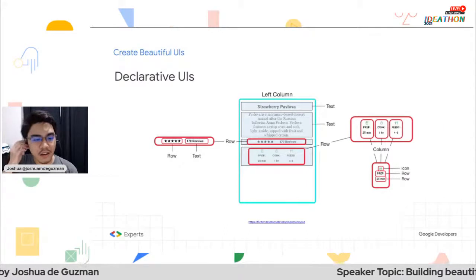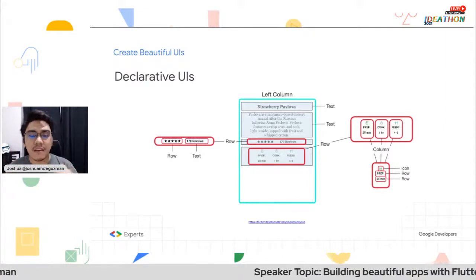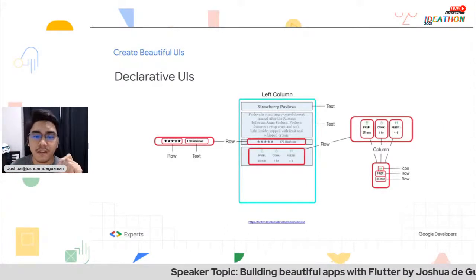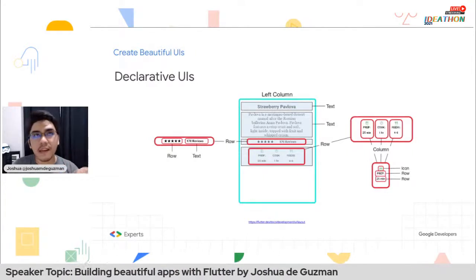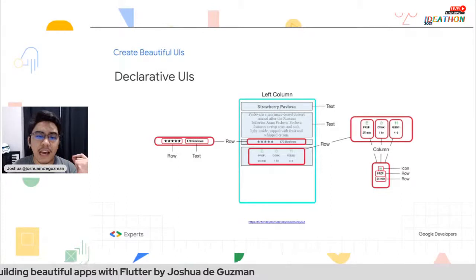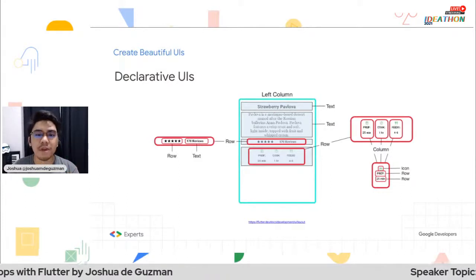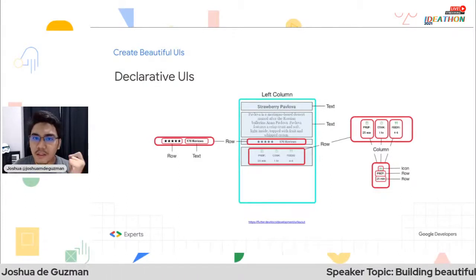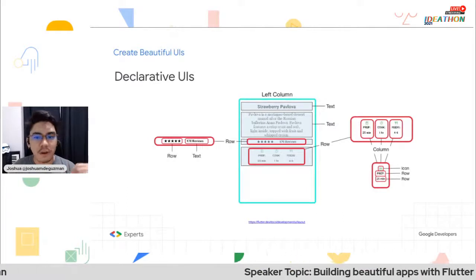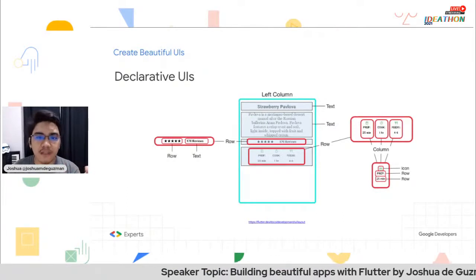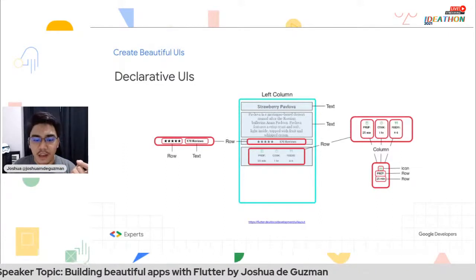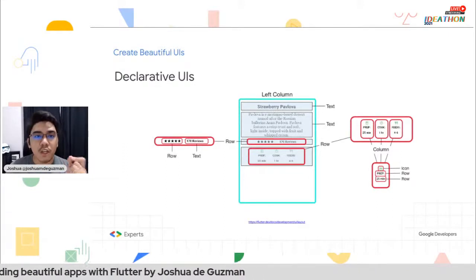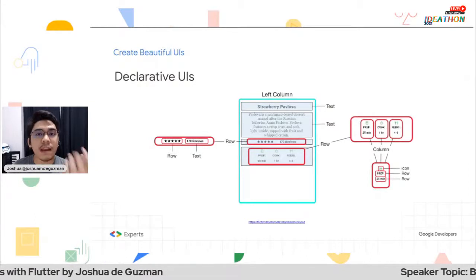Given here in front of you is an example of a declarative layout in Flutter. A declarative layout is a way for us to design an app that is straightforward. So when I add a text or a list of text that I want to align vertically, I want Flutter to render it the way I added the widgets.